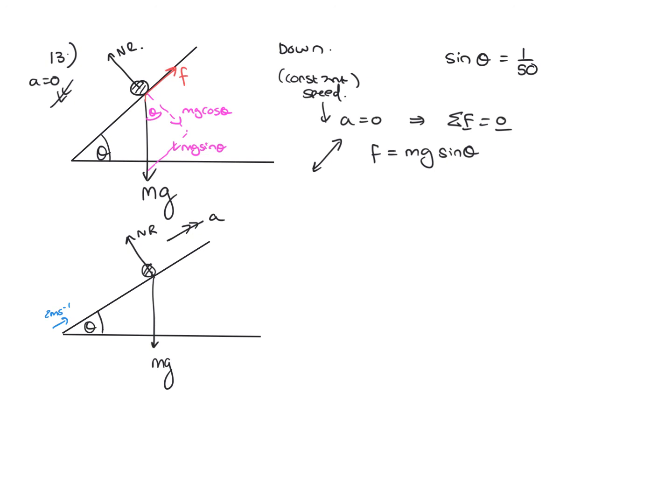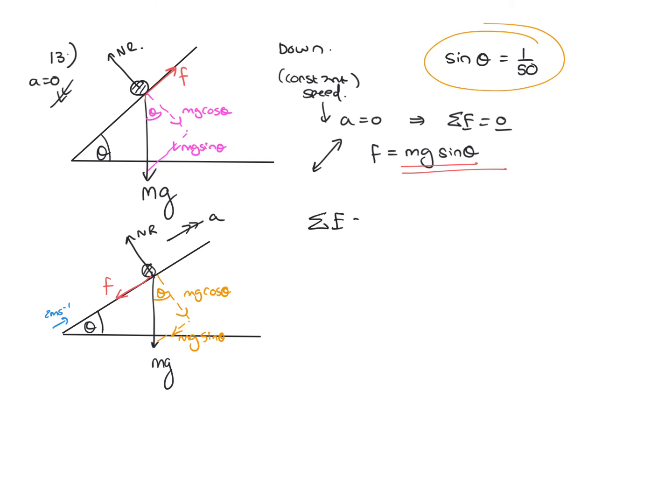So the resistance force is now going to change direction, but presumably still take this value here. Now my components of my weight look like that. Again, mg sine theta, mg cos theta, and we know a little bit about sine theta as well. We're able to use that in a second.